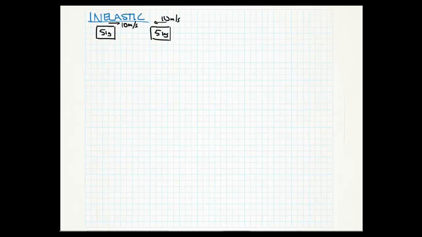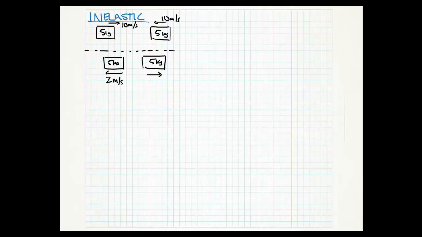And they're going to hit, and they're going to separate. And so we'll have one of them, this one, moving back at 2 meters per second. And the other one will have to move in this direction. And we'll find that in a second.